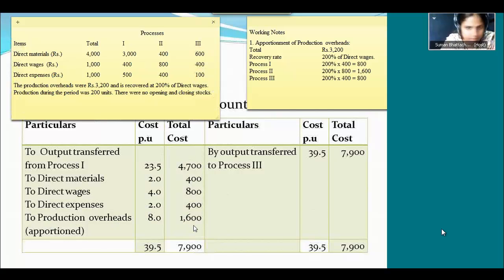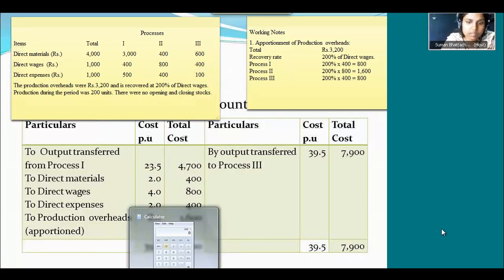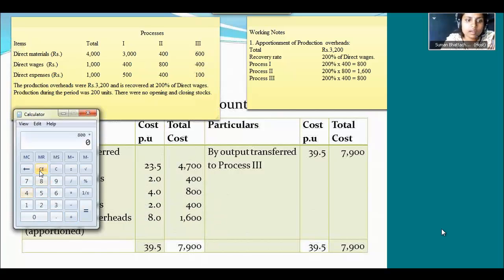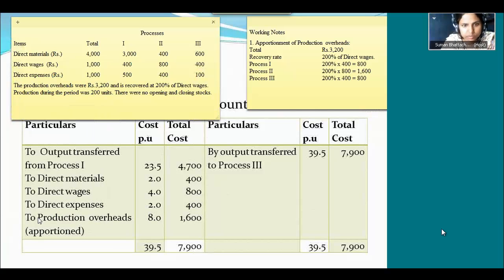And what will be the cost per unit? 1,600 divided by 200. So it comes rupees 8. So production overheads cost per unit 8 rupees and total cost 1,600.